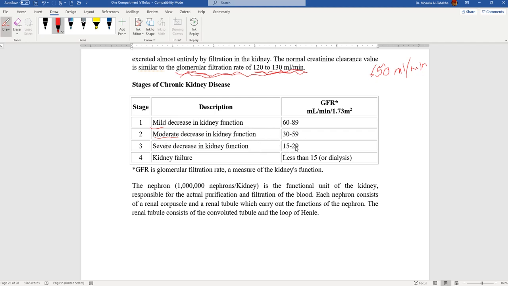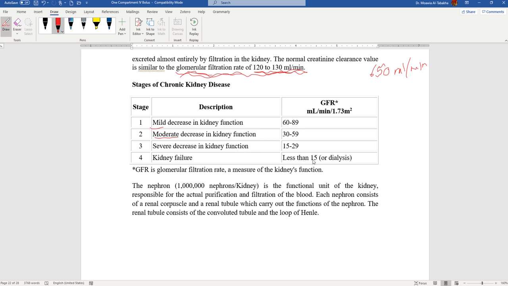If it is 15 to 25, to 29, sorry, then I have to say that there is a severe decrease in kidney function.